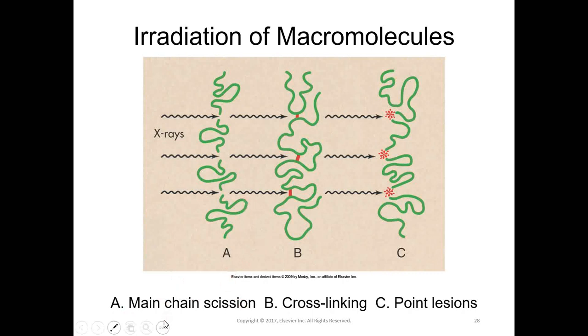A is showing a main chain scission, where it's actually cutting the chain. Then you've got cross-linking, where the chain is cut, but then the stickiness factor, the chain starts to reattach in random spots. That's how you're going to get your cross-linking. And then your point lesions are literally lesions within the chain.